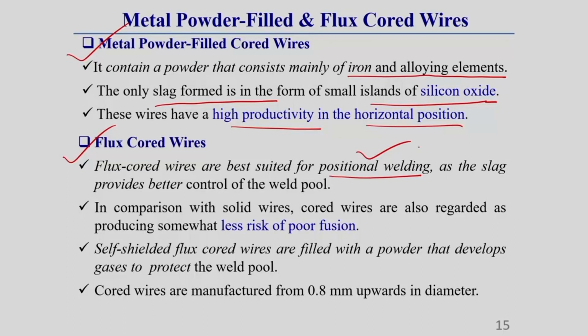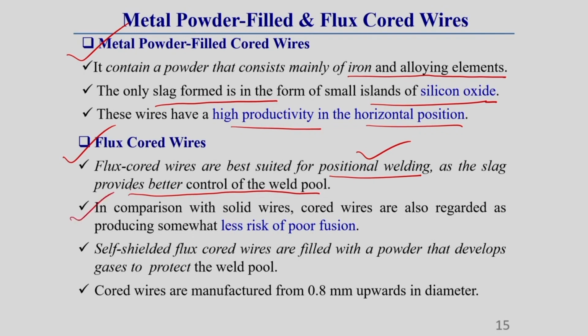Due to these slag characteristics, you can use it in different positional welding, like horizontal and vertical. The slag cover over the weld protects the droplet from falling down. That is why I have written that it can be used in positional welding, because it provides better control of the weld pool. Keep these things in mind.